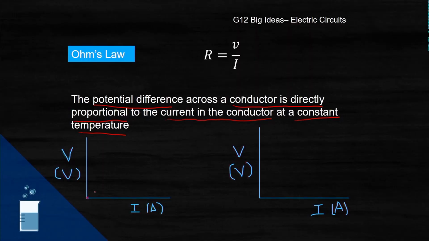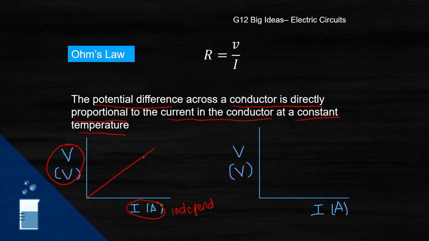A graph line that was straight was found. So that means that the independent variable was current, and the dependent variable then was potential difference. The relationship between the two was found to be directly proportional.